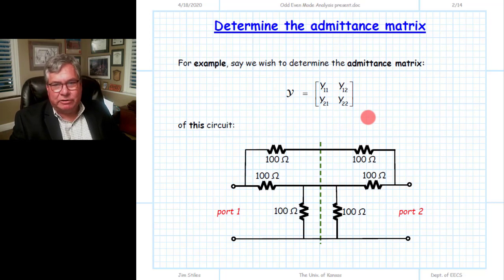And we know how to determine the admittance matrix. We need to go through and put a voltage on port 1, for example, and a short circuit on port 2, and then determine the currents at port 2 and port 1, and then likewise the opposite for putting a voltage at port 2. So let's go through and see if we can do that.